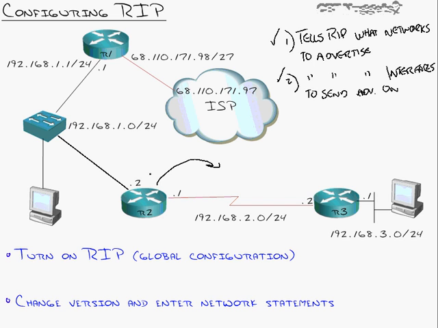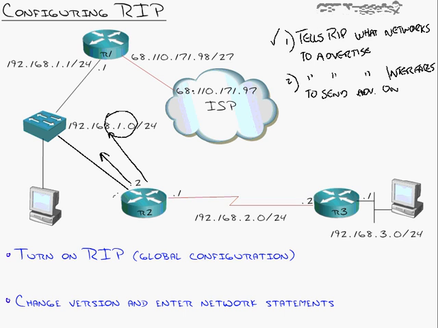What that means is that when I type in that network command, as of right now, let me just use my undo here. As of right now, router 2 is only advertising this network, and it's only sending out advertisements out this interface. You see that?